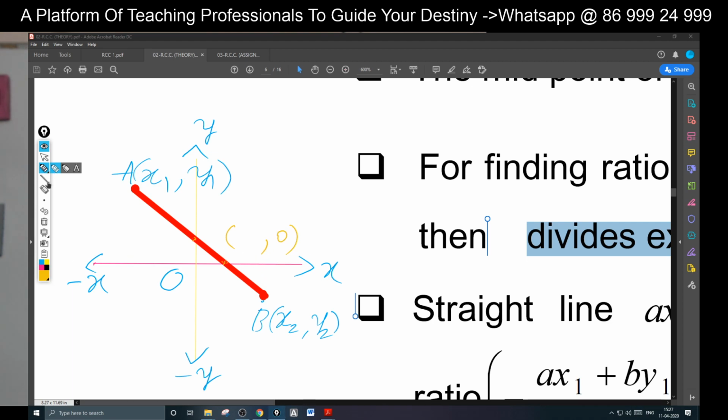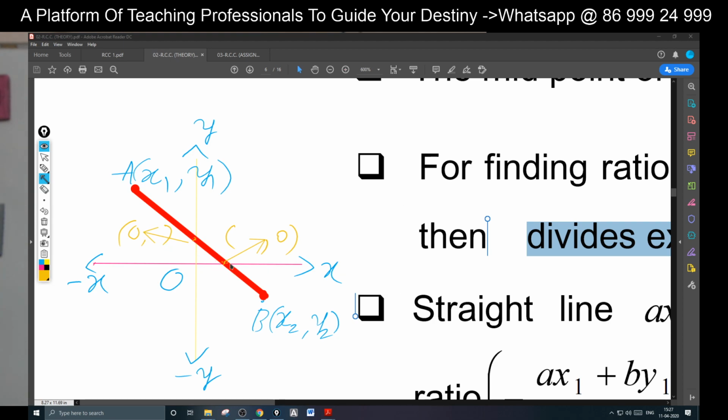For this one, y coordinate is 0. And for this one, x coordinate is 0. Okay? X coordinate is 0.